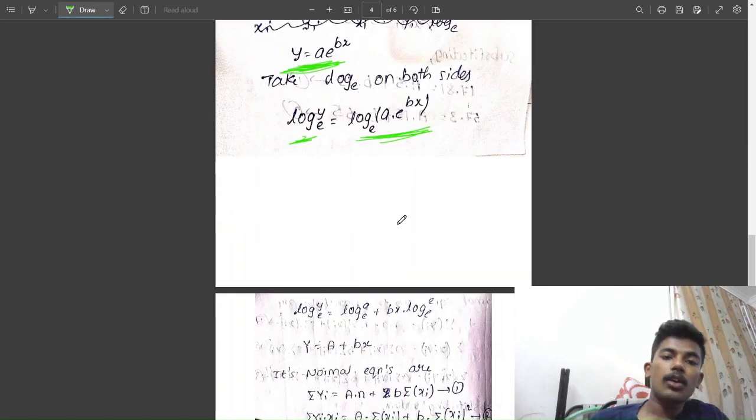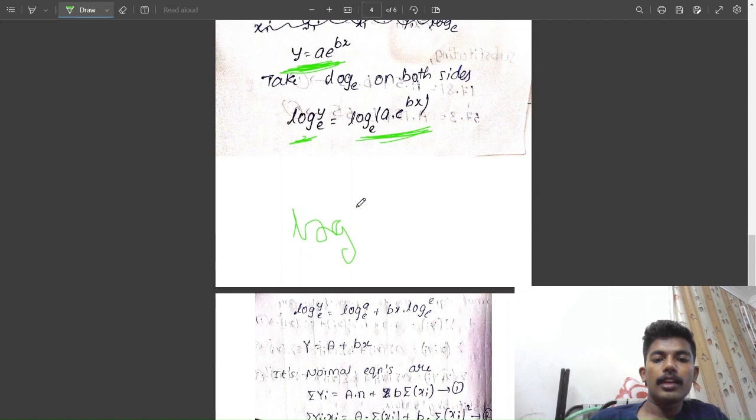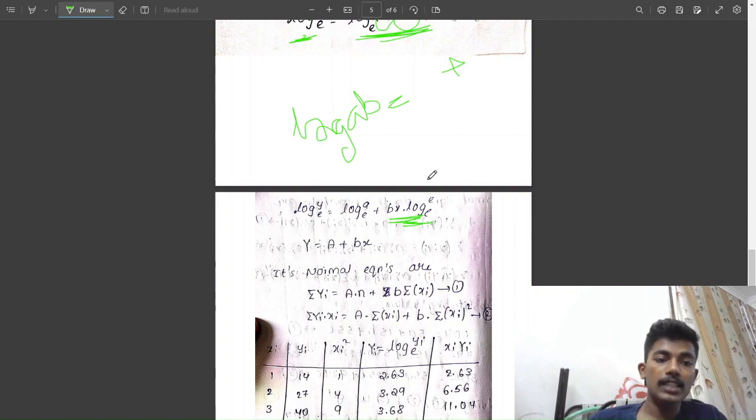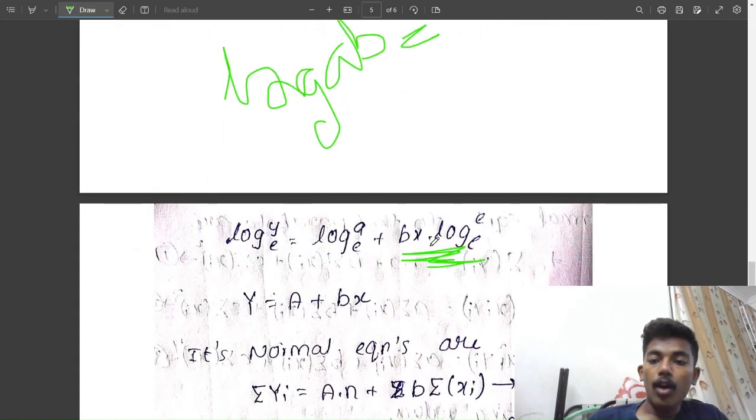And as we have discussed earlier, we also know that log of AB is equal to log A plus log B. So we are dividing this as log a into e power bx is equal to log a plus log e power bx. So log e power bx can be written as bx into log e base e. As we already discussed, log a power m is given by m into log a.